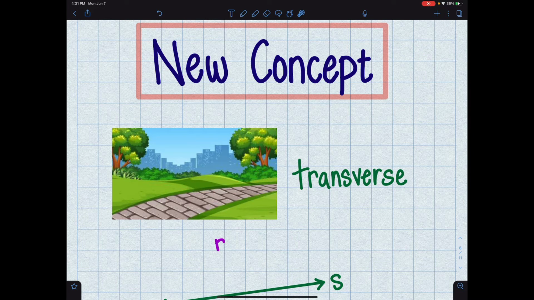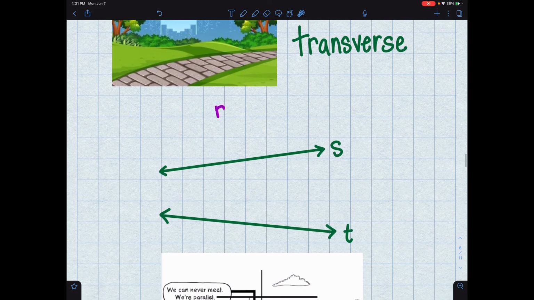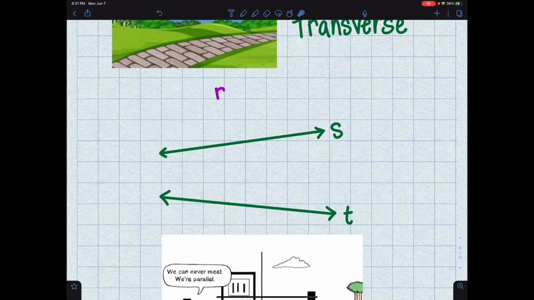So like instead of going all the way around this park to get to the city, you might want to just cut through and transverse through the park. Okay, so that's what transverse means. And when we're talking about math, we're going to talk about a line that transverses, that means it crosses or it intersects 2 or more other lines.